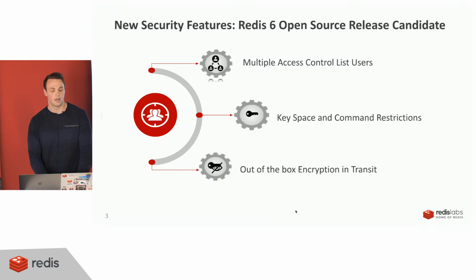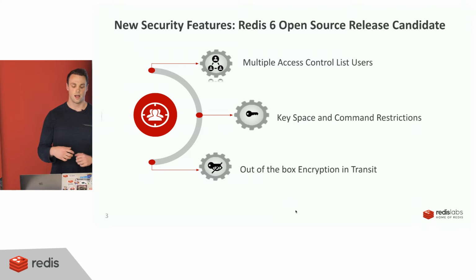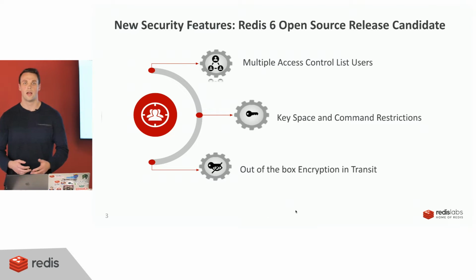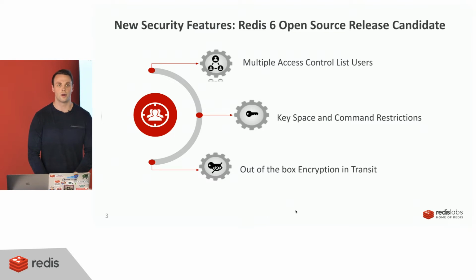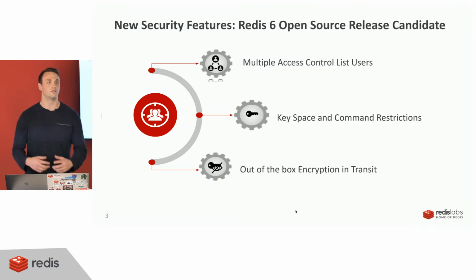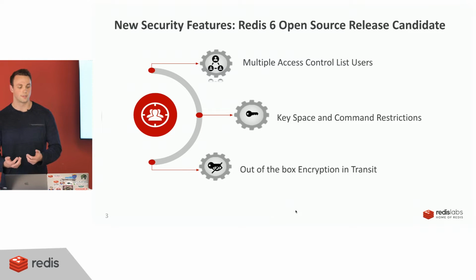The Redis ACL feature will also give us the ability to restrict commands and restrict the key space. For those of you who are less familiar with Redis, Redis is a key value store, and your ability to restrict key space is the equivalent of restricting a row within a SQL database.